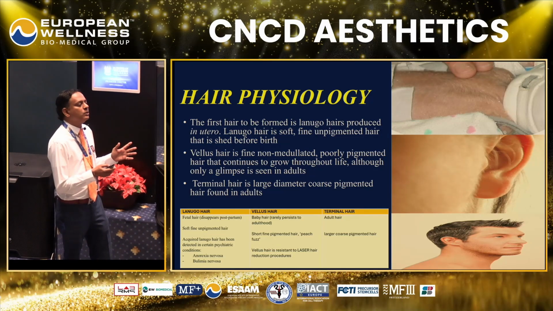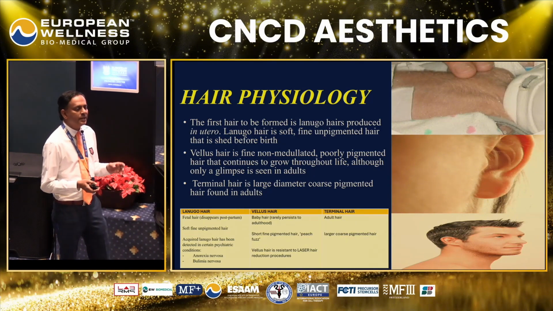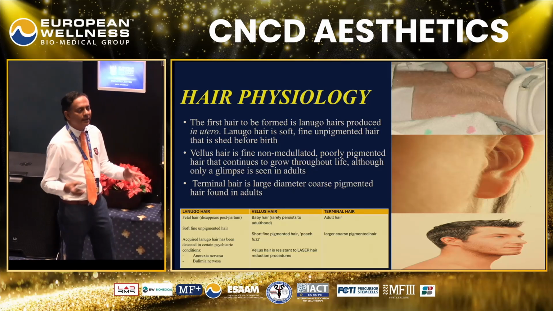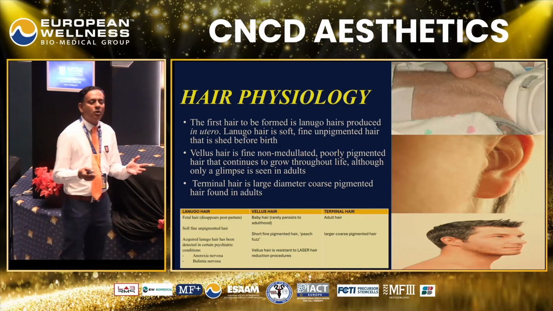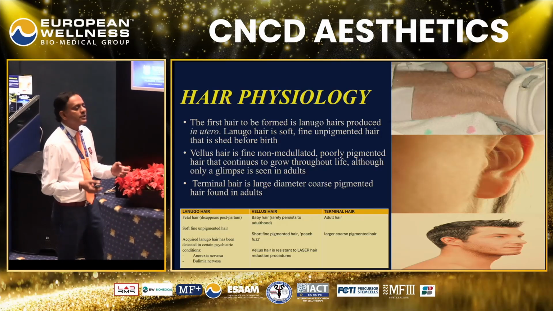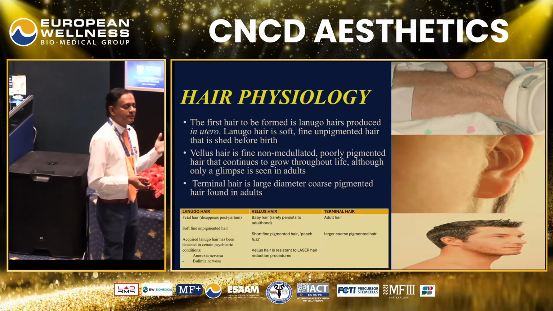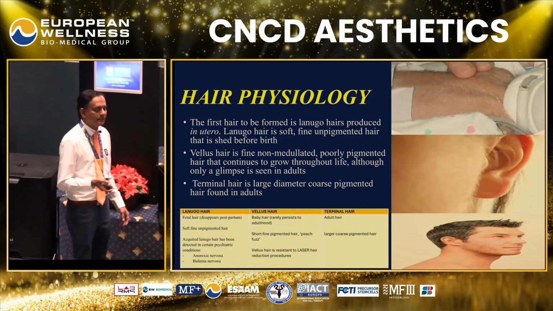It develops in utero while the fetus is developing. Okay, and once the baby is born, lanugo hair is shed off and it is replaced by vellus hair, what we call baby hair that we see in children and in adults. Okay, slowly vellus hair is replaced by terminal hair, the long coarse hair we have in children and adults.